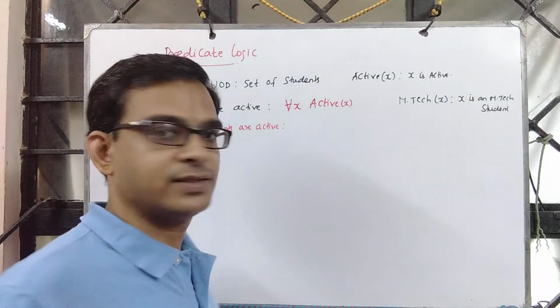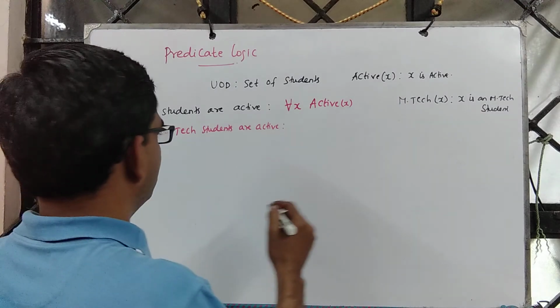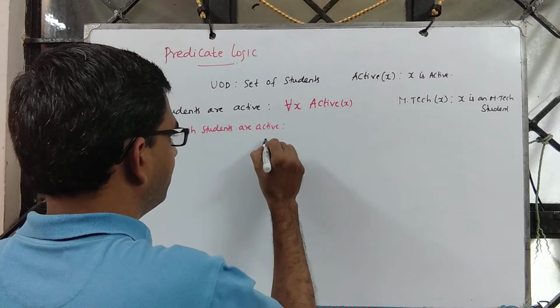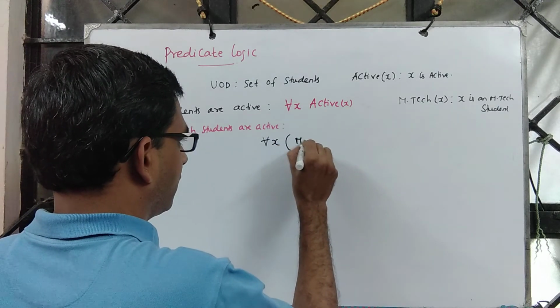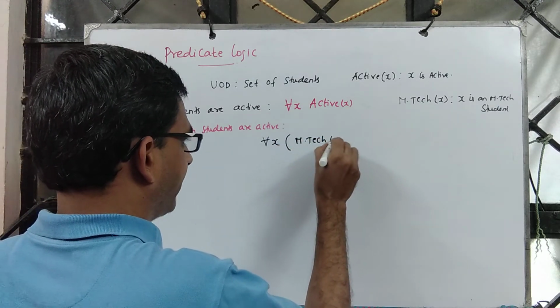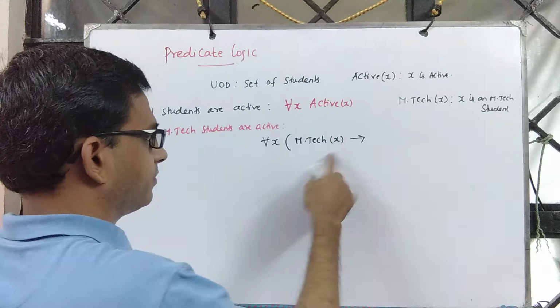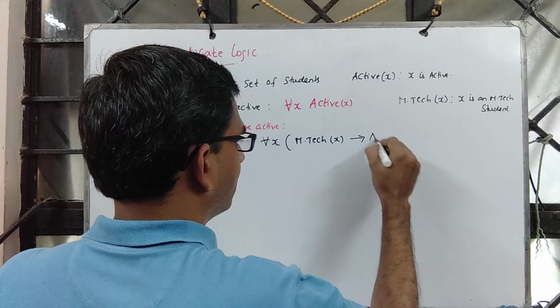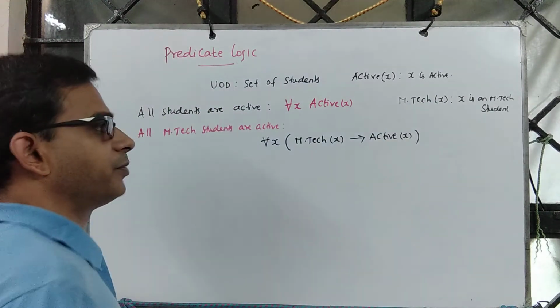This says X is active during problem session. So how do we write this? All MTech students are active. So for all X, MTech of X, so first I need to say X is an MTech student. If he is an MTech student, then he is active during problem session.